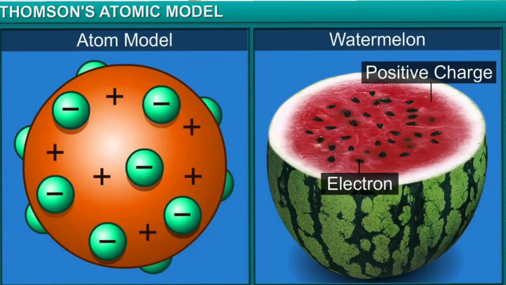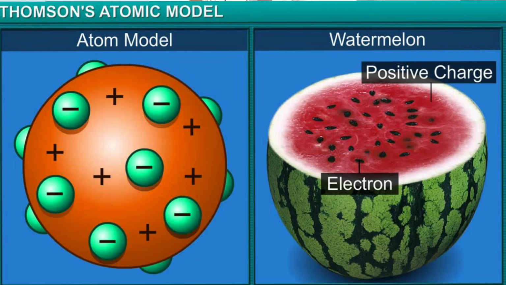According to Thomson's atomic model, he compared his atomic model with a watermelon. So it is the plum pudding model or watermelon model. He compared the atom with the cut surface of the watermelon, and all the red part is compared with the nucleus and the black seeds are compared with the electrons. So whenever you observe the cut surface of the watermelon, black seeds are compared with electrons, the red part is compared with the nucleus.